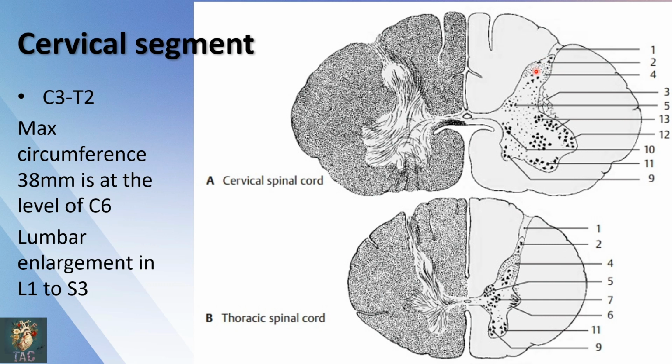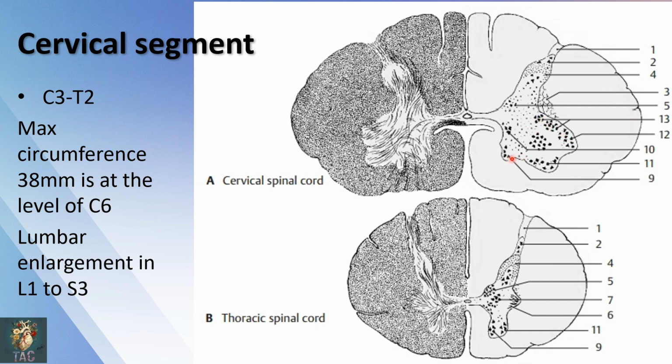Number 2 shows the lamina marginalis where the nucleus marginalis is present. Lamina 3 shows the reticular formation, and lamina 4 shows the substantia gelatinosa. Lamina 5 is the dorsal nucleus of Clark. Here you can see the nuclei which are present. This is the posterolateral nucleus and this is the retroposterolateral nucleus.